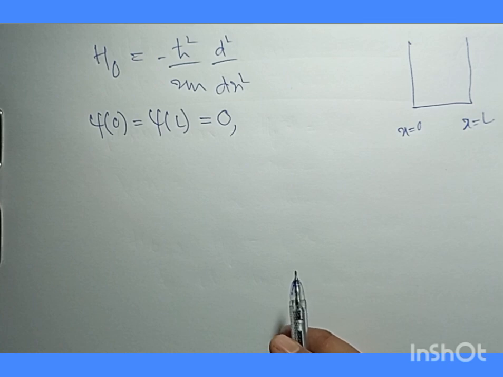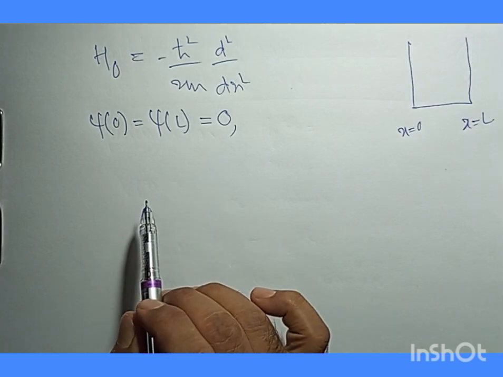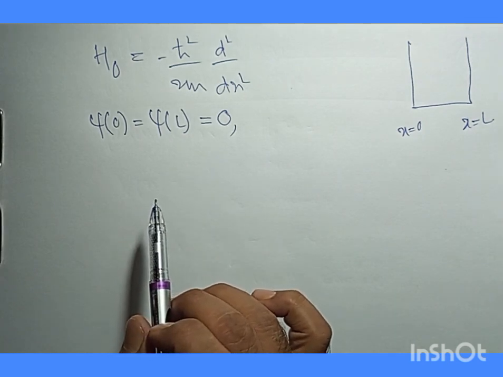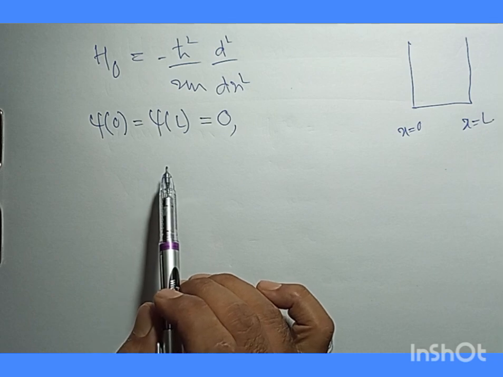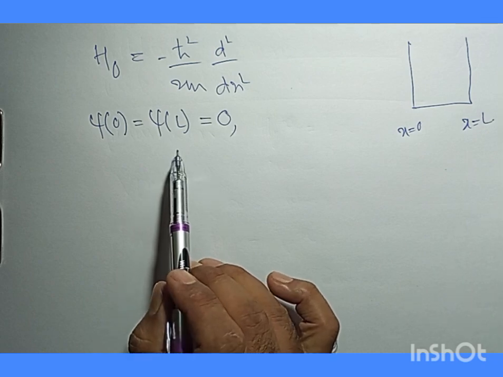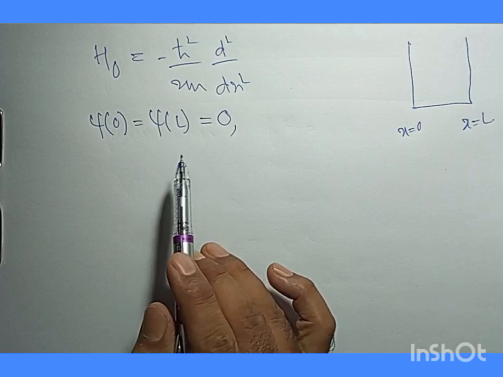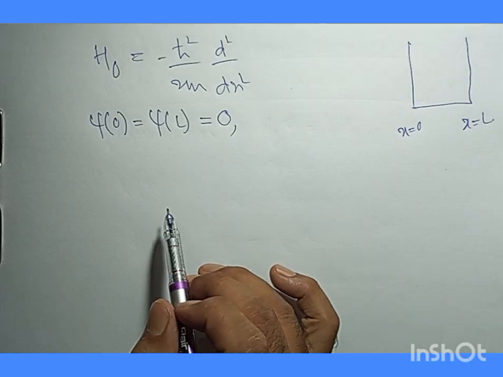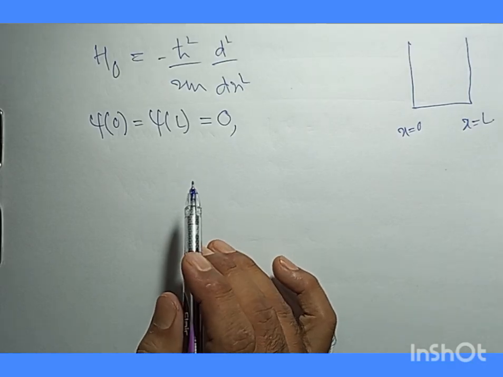Now, we have already solved problems like this, like the problem of particle in a box, and we already know the solution of this unperturbed Hamiltonian, the energy eigenstates and the energy eigenfunctions.